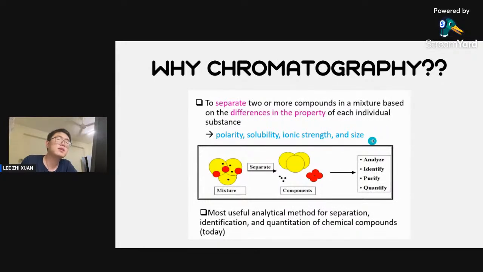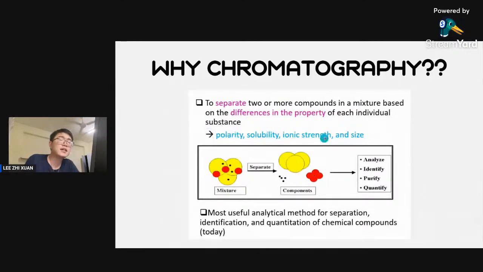Some molecules are big, some are small. So based on these four main characteristics, we can separate the components. Normally in your syllabus, the chlorophyll experiment is based on polarity.